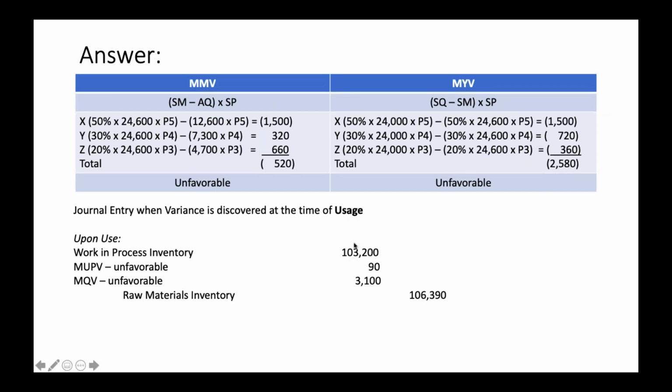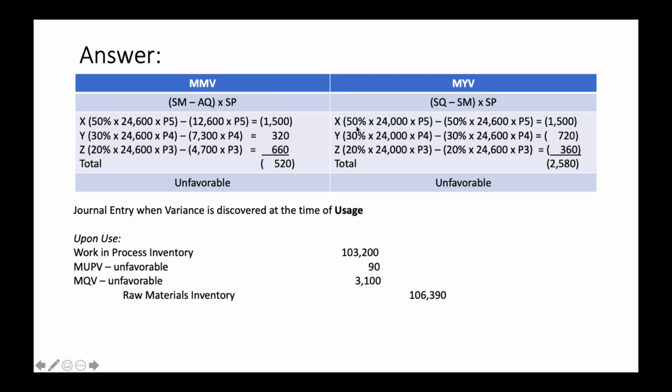But how about 103,200? This is standard mix at standard quantity multiplied by the standard price. Where are we going to get that? This is the standard mix, this is the standard quantity, and this is the standard price.